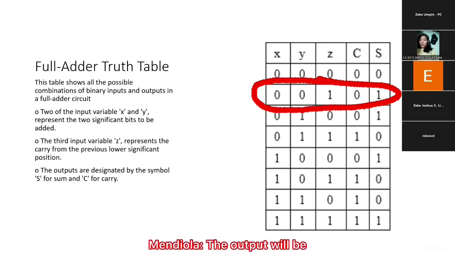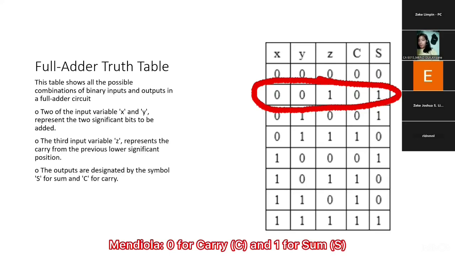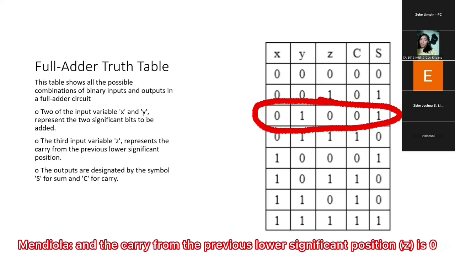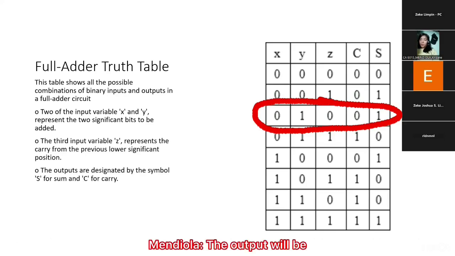The output will be 0 for carry and 1 for sum. Next is if x is 0 and y is 1, the carry from the previous lower significant is 0, and the output will be 0 for carry and 1 for sum.